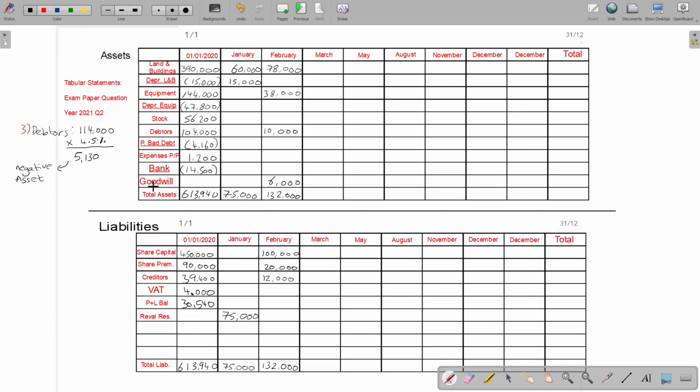And remember, whenever we're going through tabular statement questions, it's always the increase or decrease that goes into our table. So in this case, we want the increase or decrease for the provision for bad debt. If you put in 5,130 minus 4,160, we see there's an increase of 970.